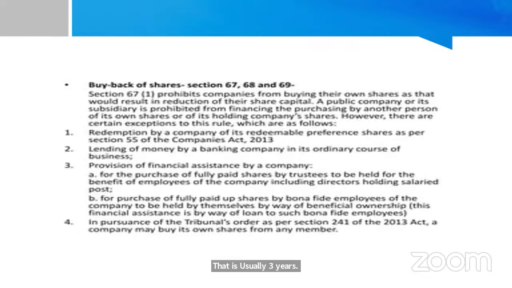From the date on which allotment is done, till you transfer the shares, 3 years you cannot. The lock-in period is of 3 years. Okay? Any doubts till now, students?